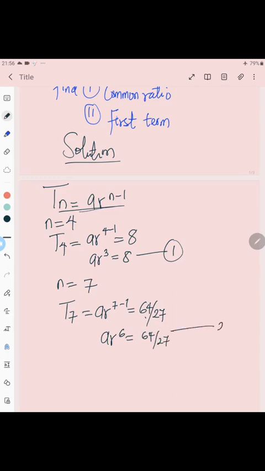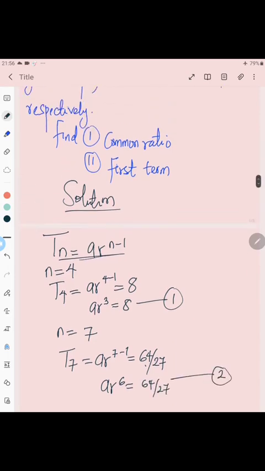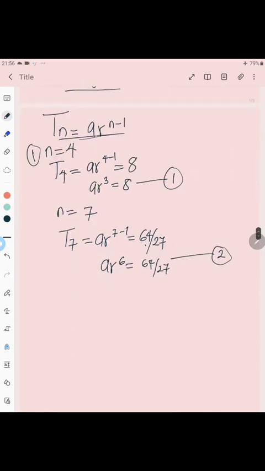This is equation 2. Remember, what we are looking for is the common ratio, so we are solving the first question. All we need to do now is to divide equation 2 by equation 1. Doing this will give us the value for R, which is the common ratio.